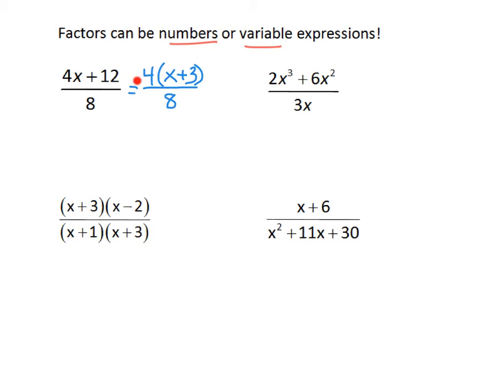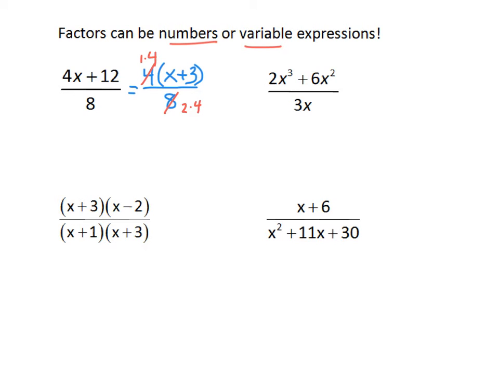Well, now, because the 4 here and the x plus 3 are separate factors, we can look at them individually and see if we can simplify with our 8 in the denominator. So we see that the 4 and the 8 can be simplified, okay, and we know 4 is 1 times 4, and we know that 8 is 2 times 4.